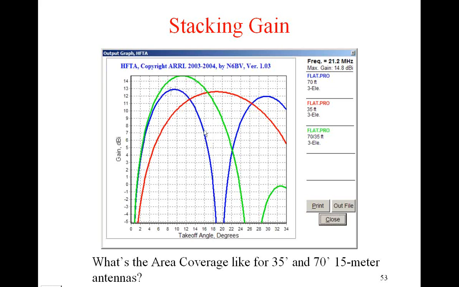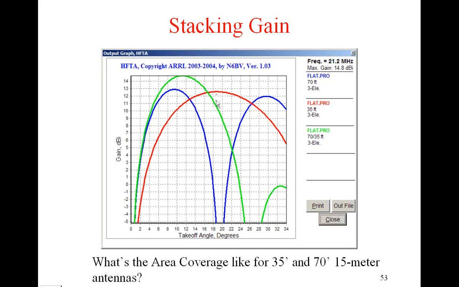You'll notice also that the high antenna, that is to say this blue one by itself, a 70-foot high single 3-element Yagi, sets the curve over here on the left-hand limb of this curve for the stack. It determines basically the gain at low angles, and the lower antenna determines the gain at higher angles in the stack.